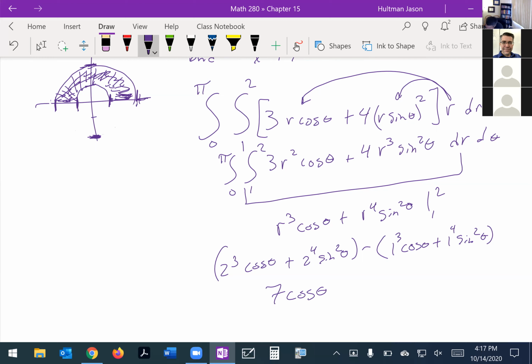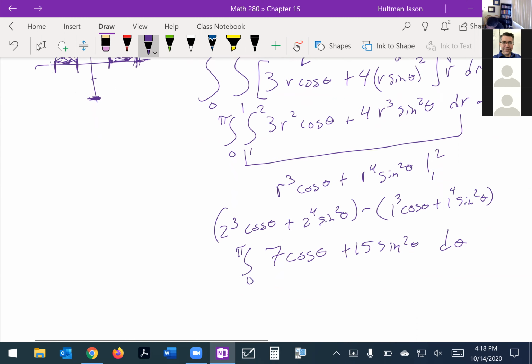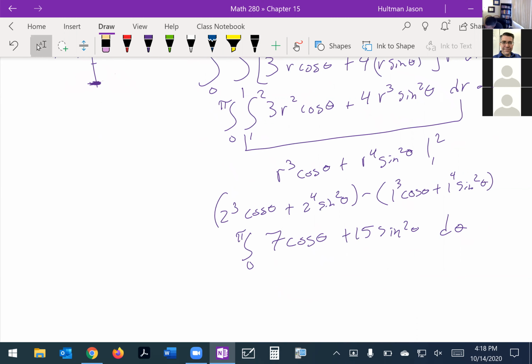This is 16 sine squareds minus 1 sine squared, which gives me 15 sine squareds. And that's all with respect to theta now. We got rid of the r. So 0 to pi. Now let's integrate with respect to theta.